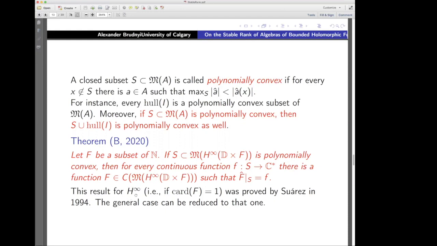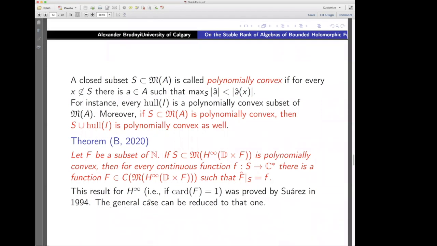Now, for the algebra H infinity, this means that the cardinality of F is 1. The result was proved by Daniel Suarez in a paper of 1994, using the construction of Sergei Treil and some arguments from algebraic topology.